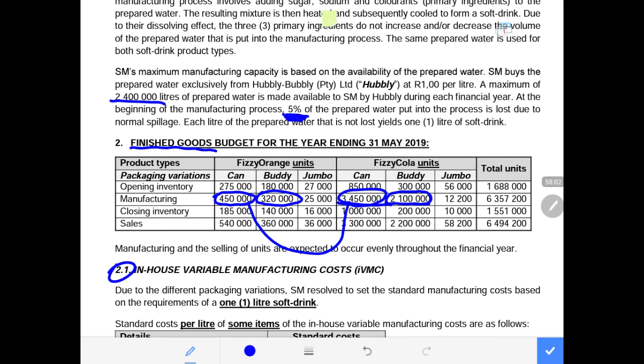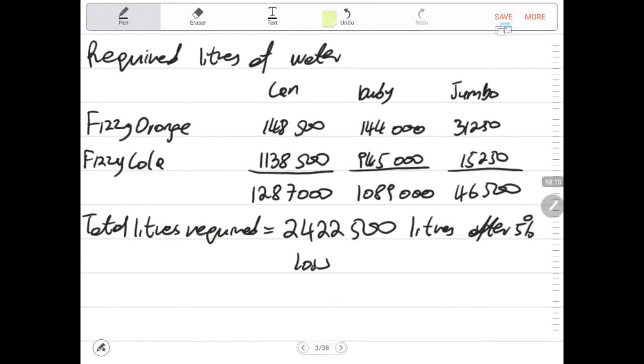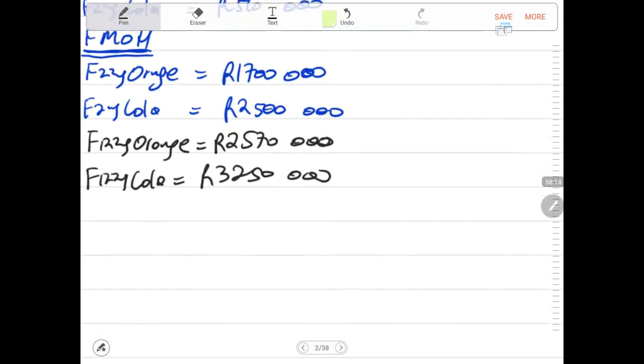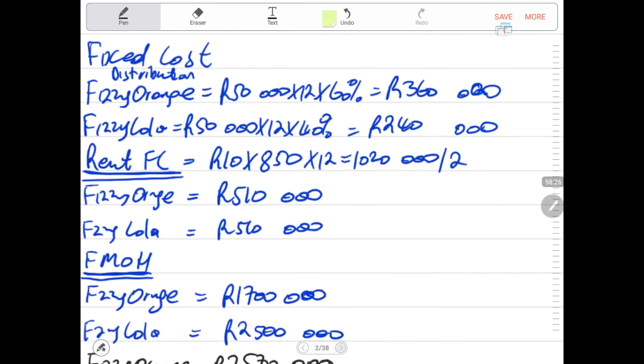So now, because of the loss, when we calculate the number of liters from the finished goods, we get the number of liters after the loss. Remember, the 2.4 million maximum capacity is before the loss. I don't want to compare the after-loss figure with the after-loss figure. I want it before the loss, the one that we buy from the supplier.